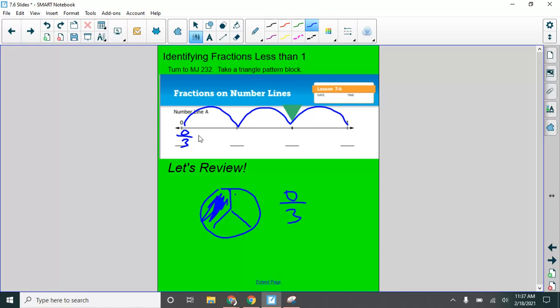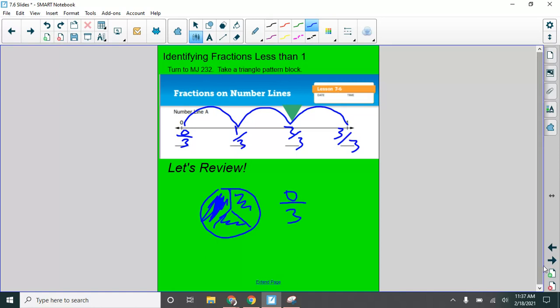And we're going to make one jump. What goes here? 1/3. And what goes here? 2/3. And then 3/3. On the bottom, 1/3, 2/3, 3/3. So I have jumps from 0/3 to 1/3 to 2/3 to 3/3.